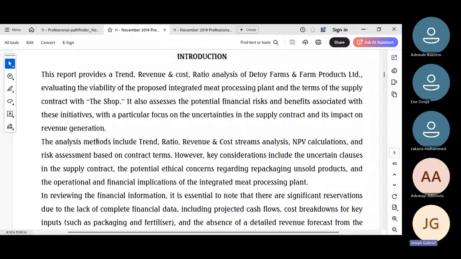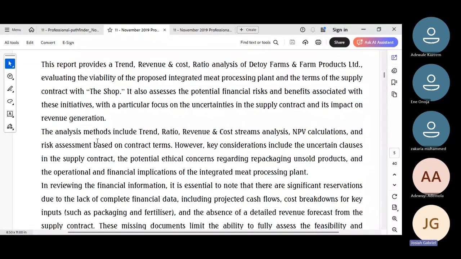And we also spoke about the analysis. We said we used trend. We almost replicated what we did in the executive summaries introduction, but then we made it a bit elaborate because we have space. And the introduction page is part of the examiner's format. So we spoke to that extensively.